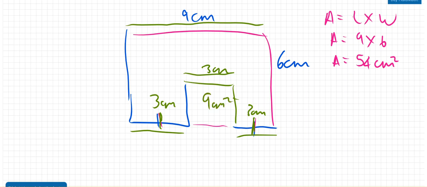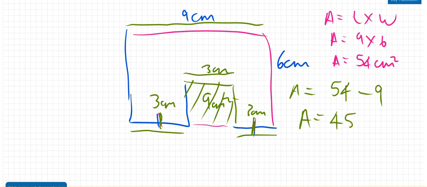So that part that's being cut out is 9 centimeters squared. So the area of this shape is equal to 54, take away 9, which will leave me with 45 centimeters squared. So that would be the area.